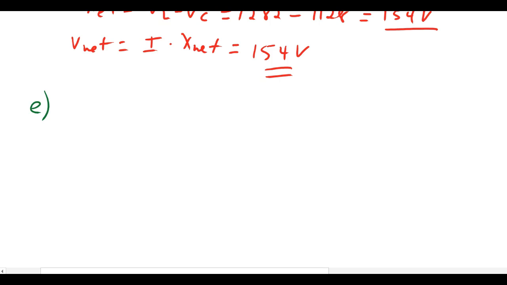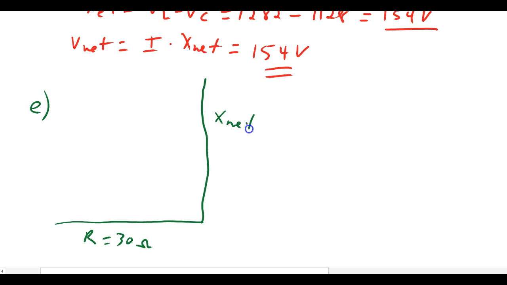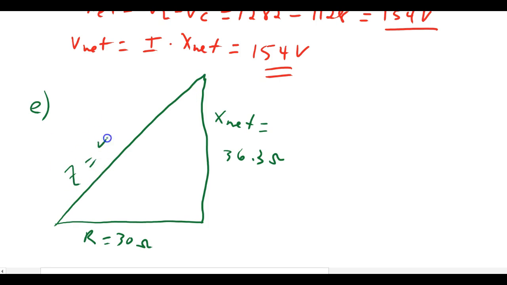And so for me, the impedance triangle would basically include the resistance R equals 30 ohms, the net reactance, which in this case is inductive, so X net is equal to 36.3 ohms, gives us Z at 47.1 ohms. And remember, the angle theta, or the phase angle in degrees, 50.4 degrees, should always be shown, and we should indicate the right angle down there in the corner.